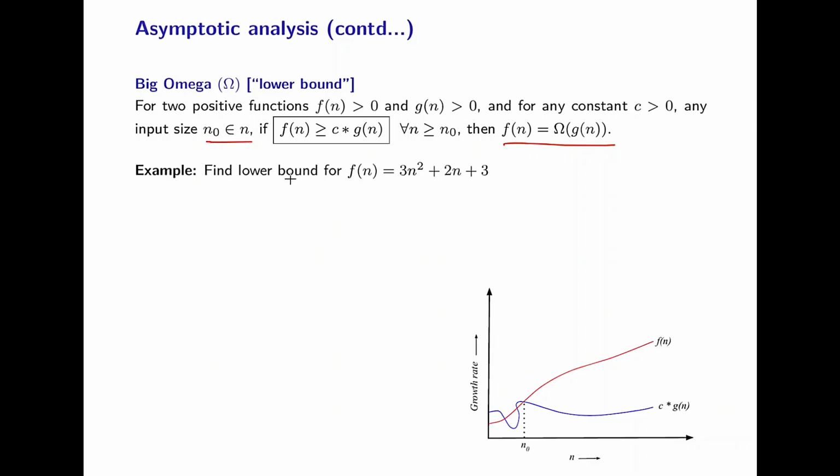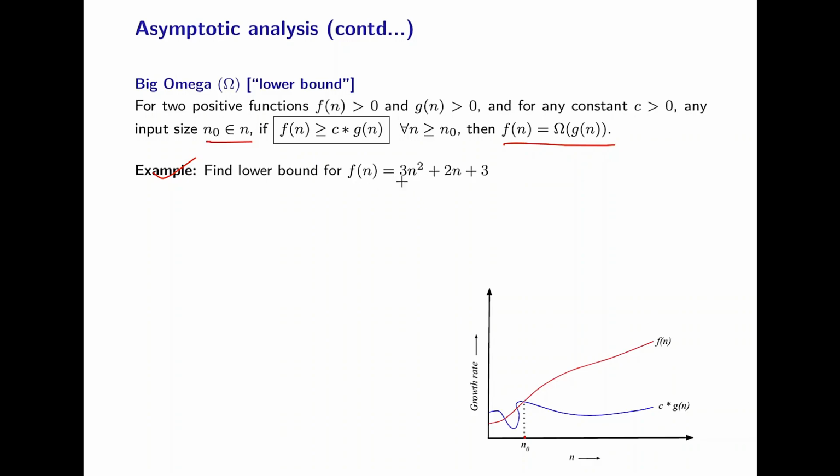It means it is going to find the lower bound. Here you see in this curve, after this point n naught, always the growth rate of f(n) is greater than or equal to g(n).